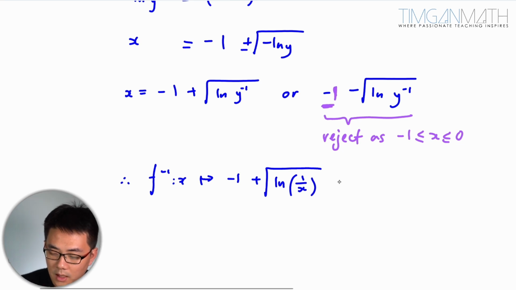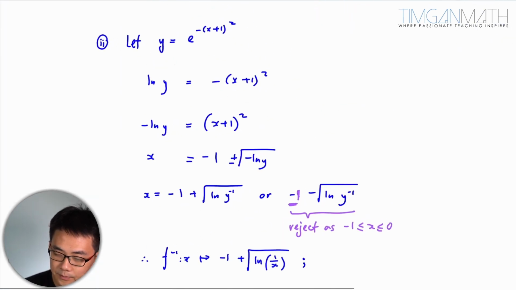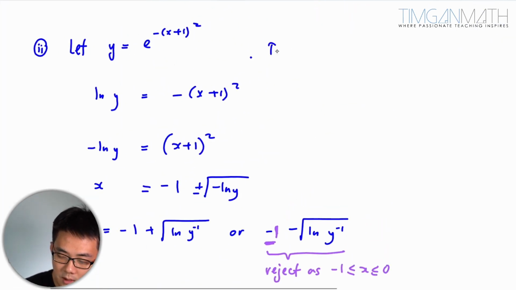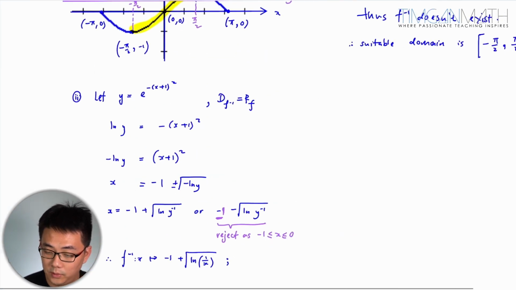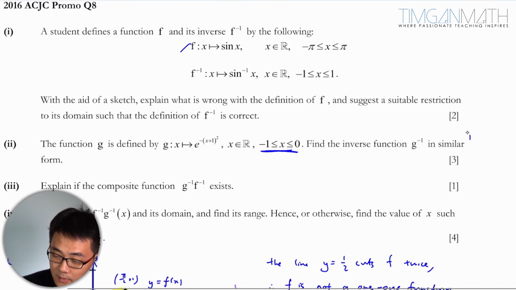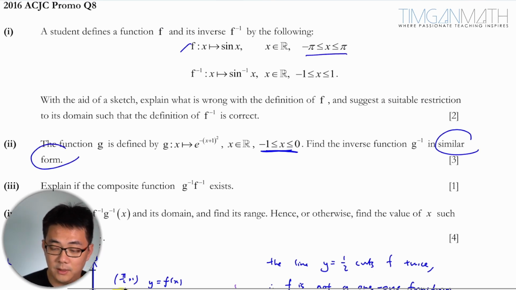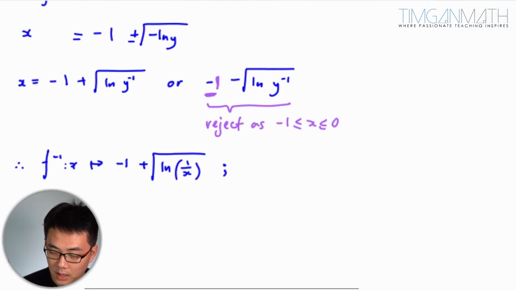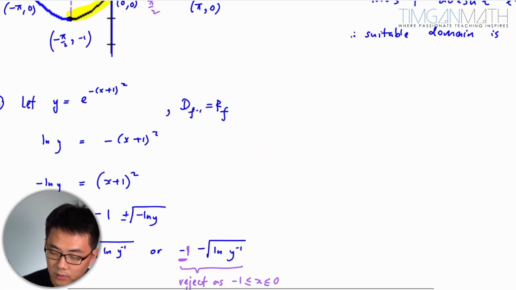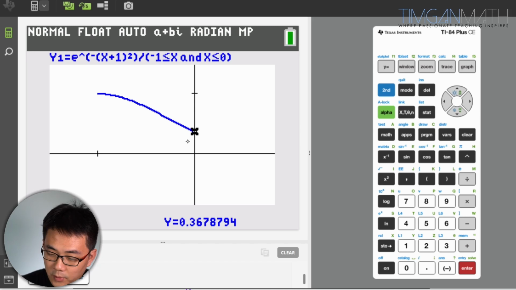Okay, the domain of f inverse is the range of f, because we are told to write in similar form. So meaning we need the domain here. I'm going to just write this down. This is where x is real value. The domain here will just be from this point here, x is 0.